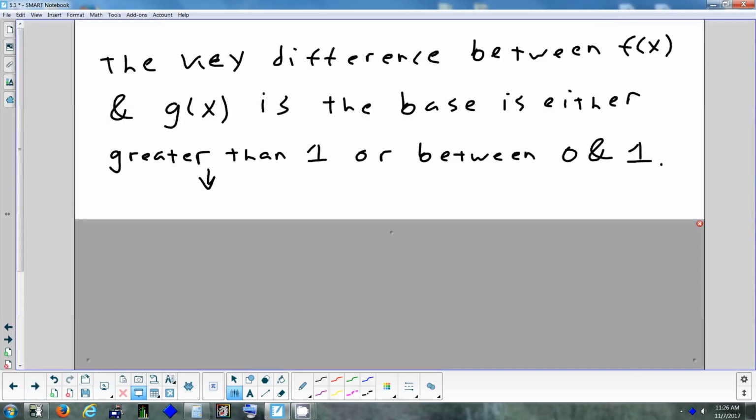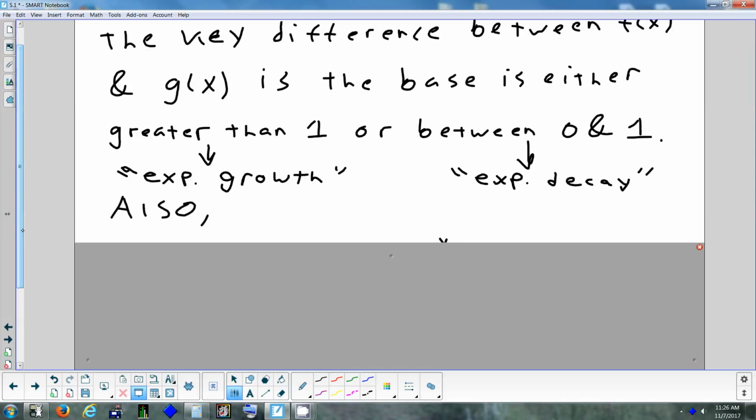So greater than 1, and we're going to get into it later. I'm just kind of telling you now what it's called. What about if the base is between 0 and 1? Decay. Exponential decay. Okay, so two types of exponential functions. Growth and decay.